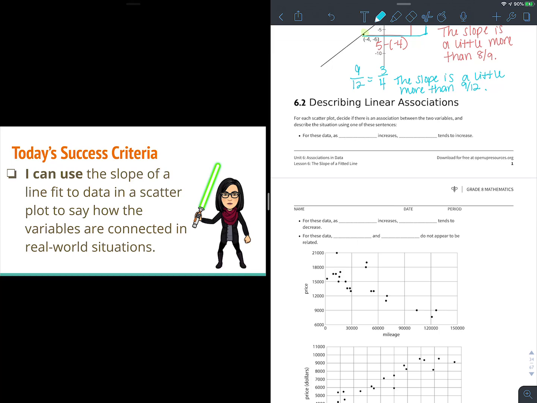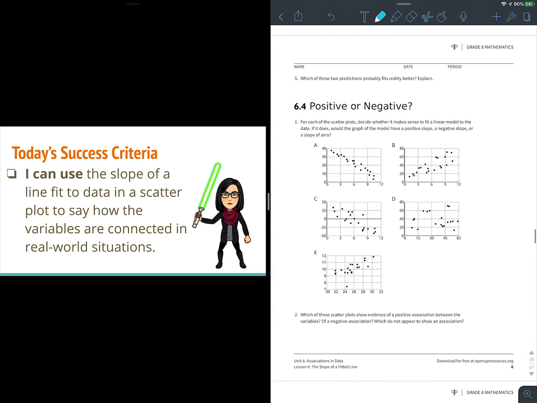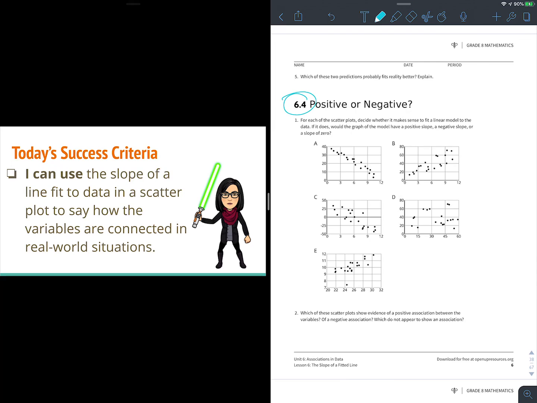This heavily relates back to there, describing the connection between them in written words. And then also being able to say that association, which was what you did in that last activity, saying if it can use a linear model or not.